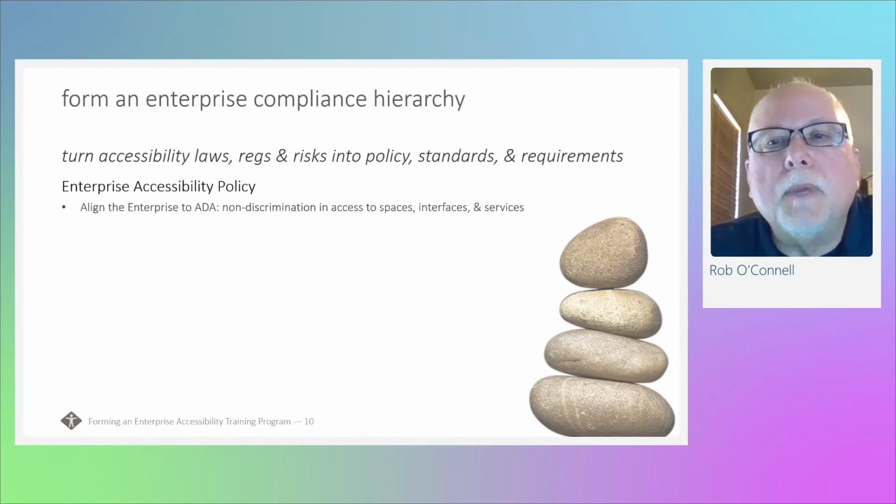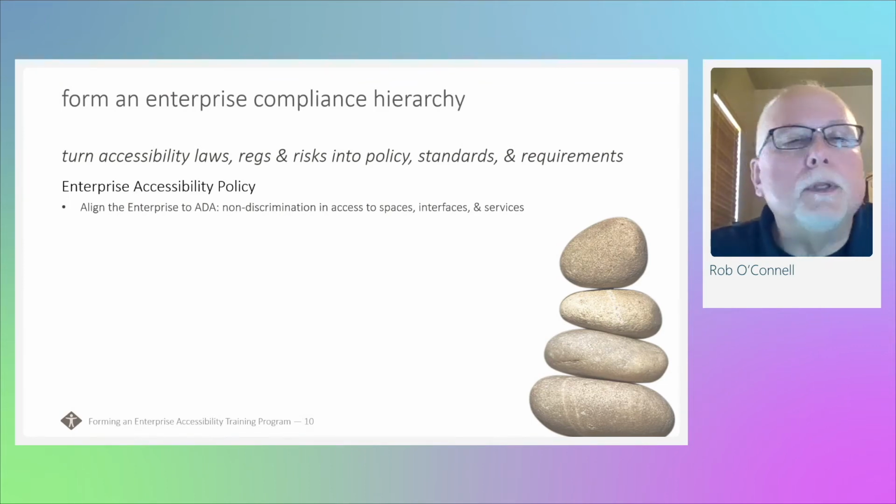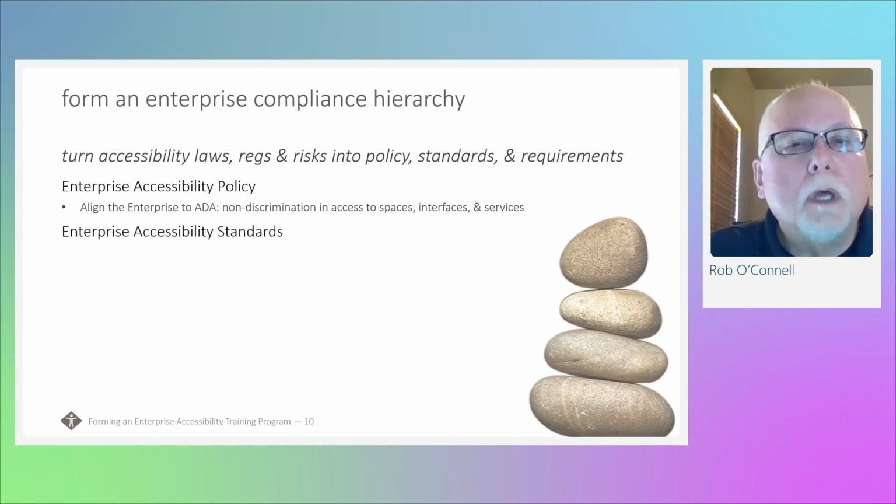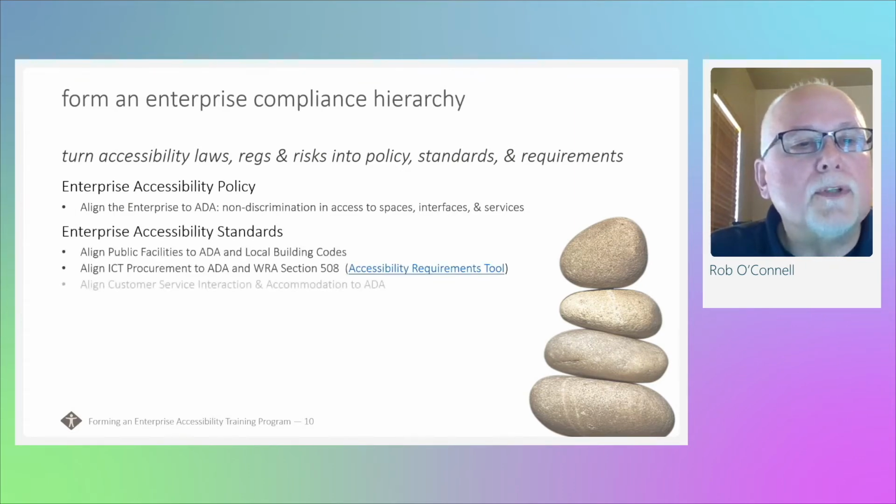And it has made a profound difference in the mindset of all lines of business at every level of management across the company. From the policy, which was essentially a commitment to make sure that everything was accessible from the standpoint of our public and member experience, we also then drew out several standards.